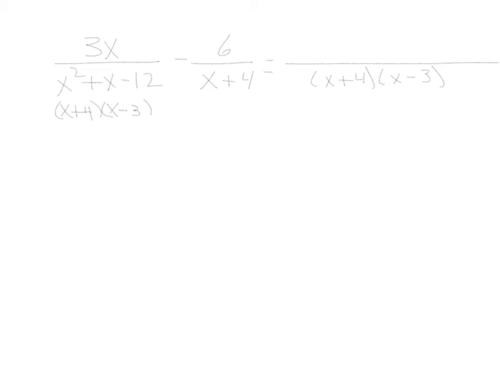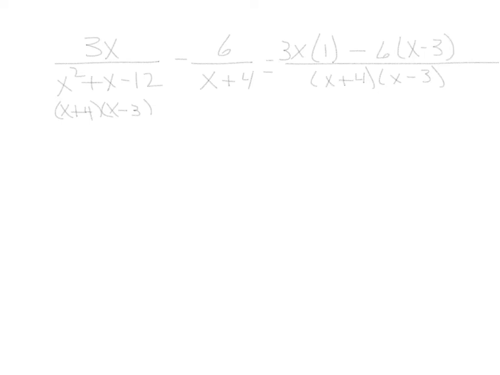Now, working with the top, we have our 3x. You can see that we have both of those in that denominator, so we don't have to multiply it by anything other than a 1. On the second one, we have an x plus 4 on the bottom. What would we have to multiply by to get the new denominator? Well, you can see the x minus 3 is what is missing.